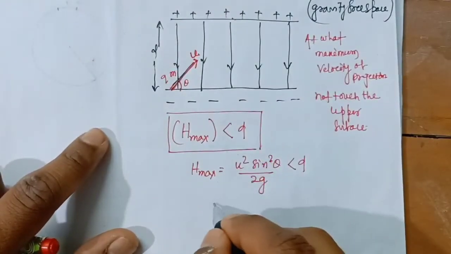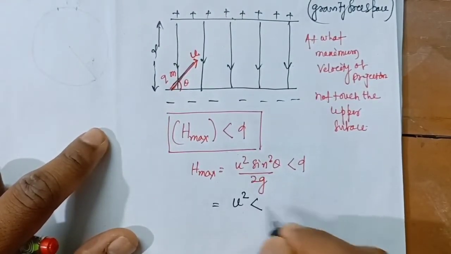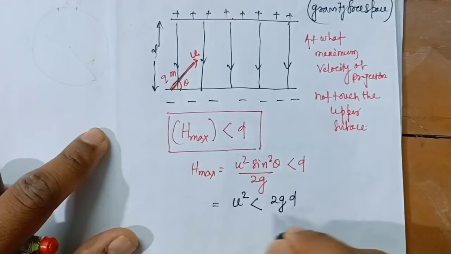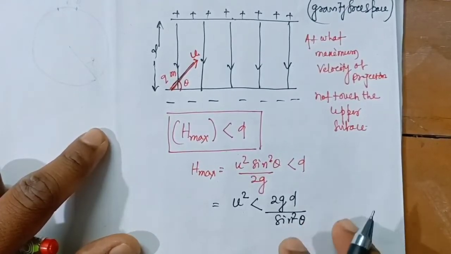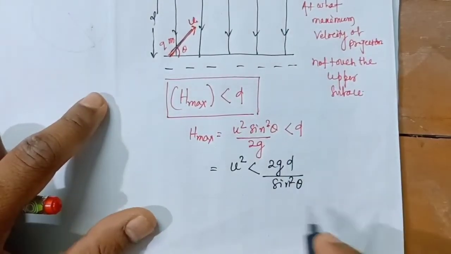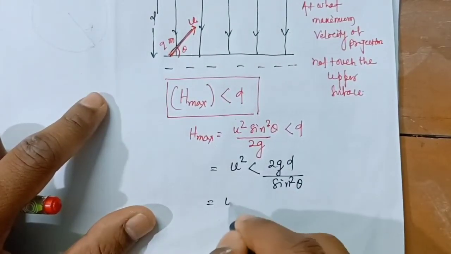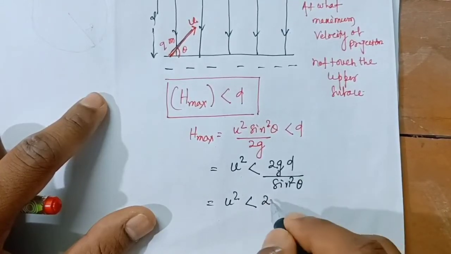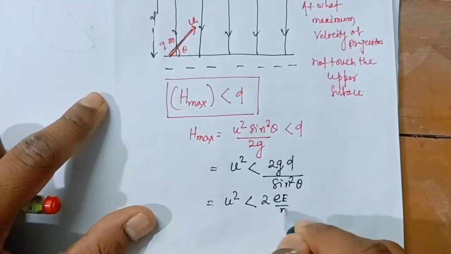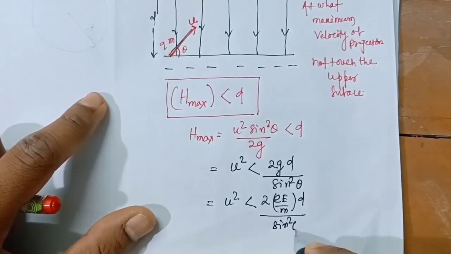So u square is 2gd upon sine square theta. And we already said this is a gravity-free space, so we put in only the electric field acceleration, 2 E by m into d upon sine square theta.